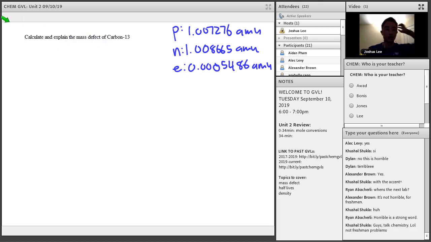So calculate the mass defect of nitrogen-14 given the mass in nature is... Ready, set, go.